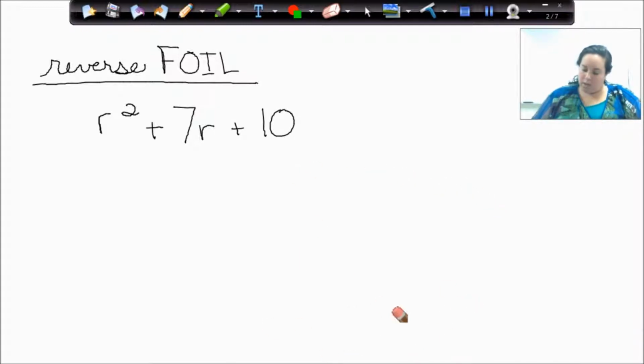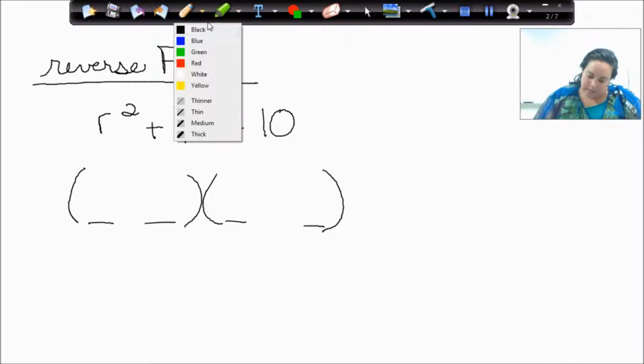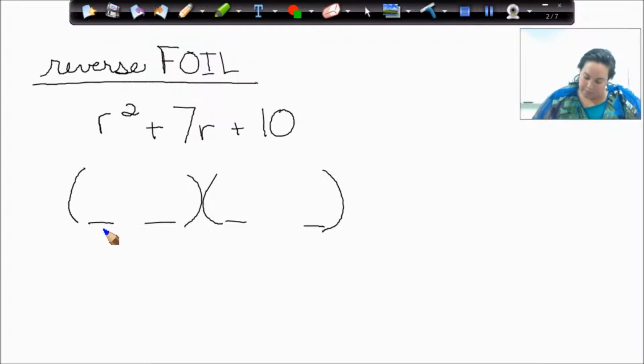Let us start. We know the format of what we want our answer to look like. We want it to be two binomials. We're going to have something here, here, here. The pattern is that if we multiply the first times the first, that is going to give us this term right here.